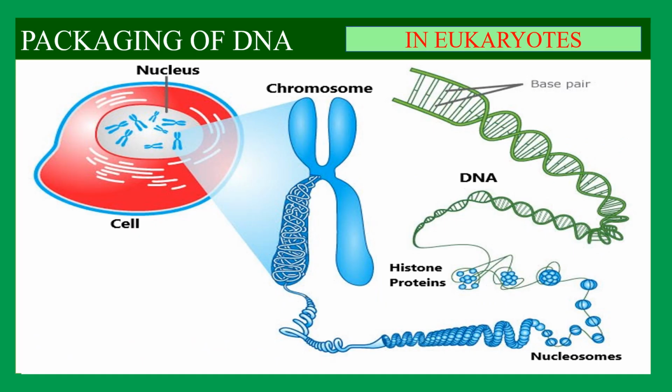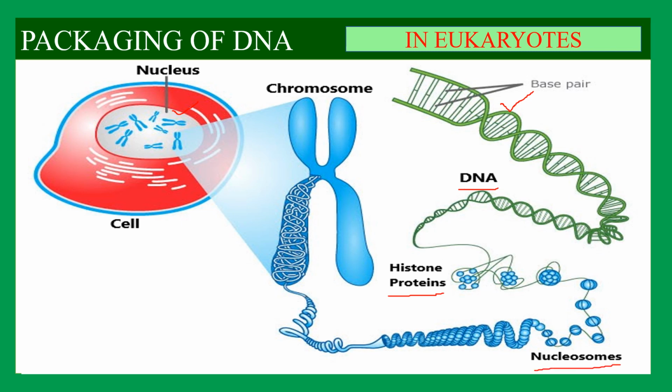In this diagram, we can study the entire packaging of DNA. The length of DNA is more than the dimension of the nucleus. DNA is a long polymer of polynucleotide chain. Hence, DNA is wrapped around the histone proteins to form nucleosomes.